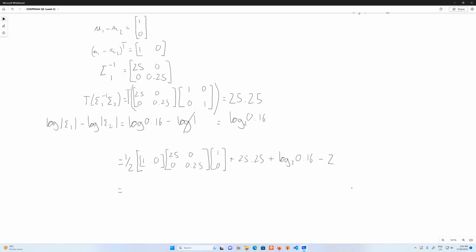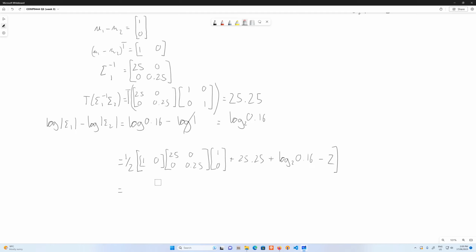Okay, so let's go through this piece by piece. If we do this matrix multiplication for the first two on the left here, we get 25, 0 as a row vector. Then we need to multiply that by 1, 0, which ends up just being 25. So I might combine those two steps into one.